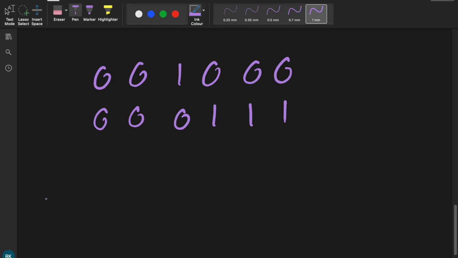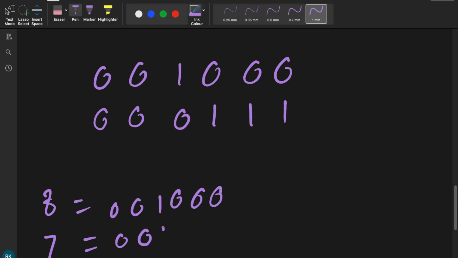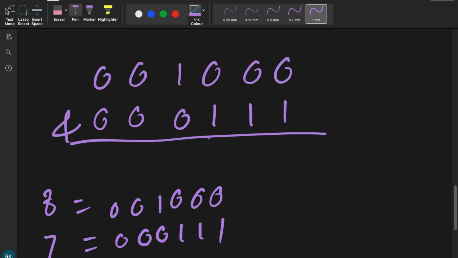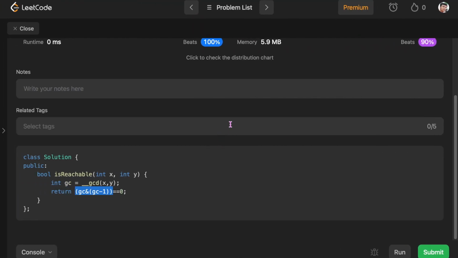You can also check this: 8 can be written as 0 0 0 1 0 0 0, and if I do 8 minus 1, that is 7, this will be written as 0 0 0 0 1 1 1. And if we AND them, this will give us 0. So that's what I have done here. I got the GCD and I check whether the GCD is a power of 2 or not. So it will equate to 0 and return true. If this doesn't equate to 0, it will return false.